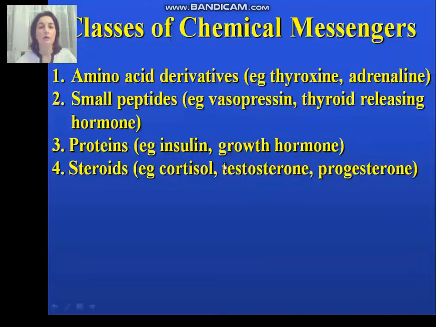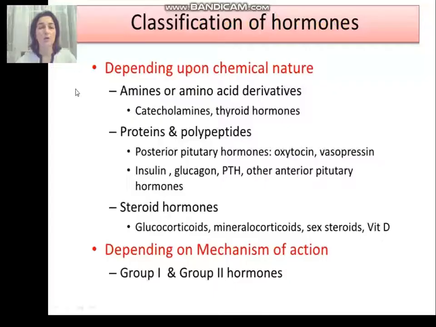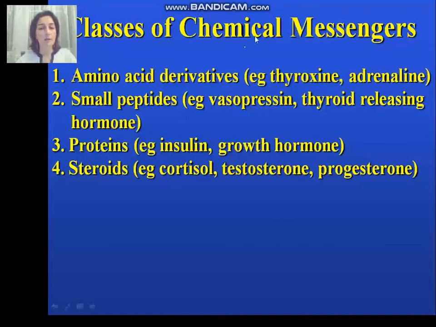According to their chemical nature, we can subdivide the hormones into amino acid derivatives, for example thyroxine, which is produced from the amino acid tyrosine, adrenaline, also serotonin, which is produced from the amino acid tryptophan, and melatonin also. We have small peptides. Most of the hormones are peptides, polypeptides.